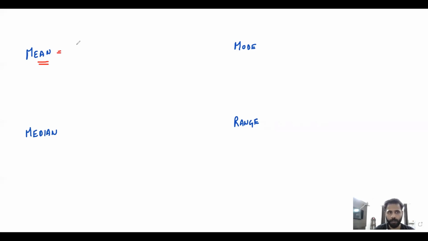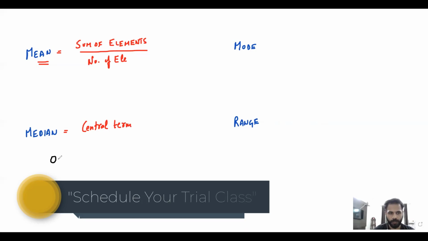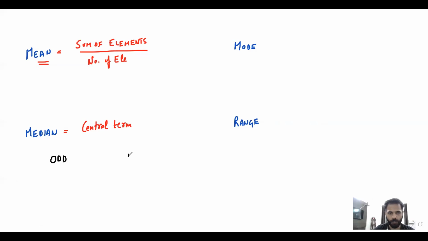Quick recap: mean was sum of elements upon the number of elements. For short form elements, I'm using ELE. Median was the central term. Remember, I told you to not forget to arrange it in ascending or descending order. There were 2 cases when the number of terms were odd and the number of terms were even.